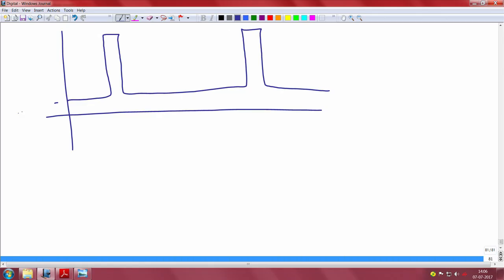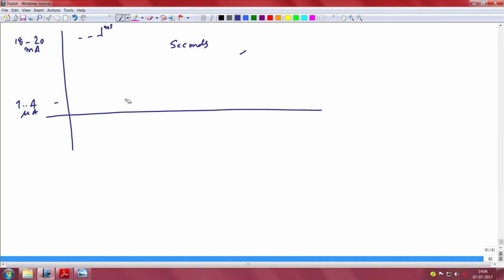Right, this is 1 to 4 microamperes, this is 18 to 20 milliamperes, this is in hundreds of seconds, and this is obviously in milliseconds. If you want to really depict it carefully, you can write it like this also, make it very narrow. Let me draw it neatly.